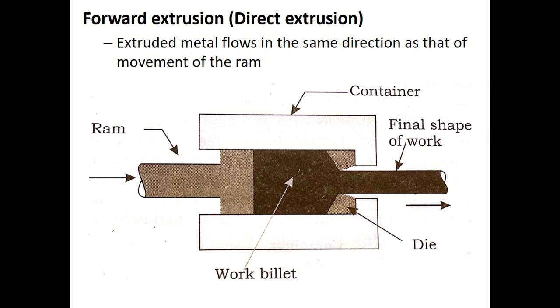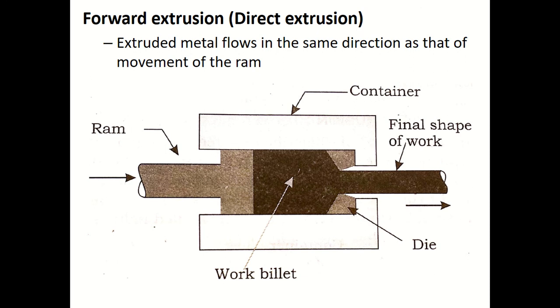This ram applies pressure on the working billet, similarly to when you press on the toothpaste with your finger. The ram applies pressure on the working billet, allowing it to pass through the die, and you will get the final shape of the product.